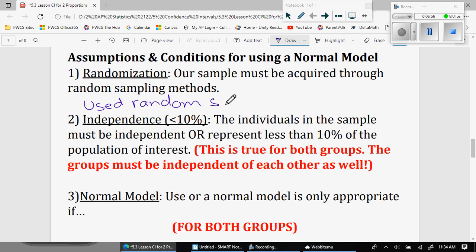Remember, when you're doing a problem like this on a test or the AP exam, you're going to want to use complete sentences. So you could say that the 4,208 male drivers with female passengers and the 2,763 male drivers with male passengers were selected using random sampling methods.